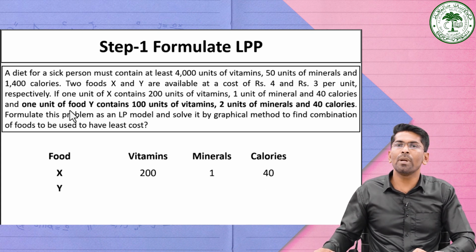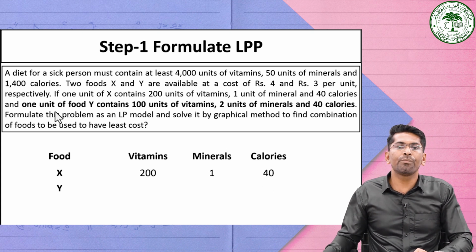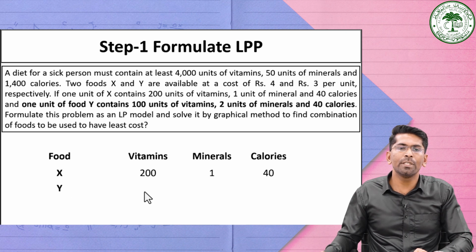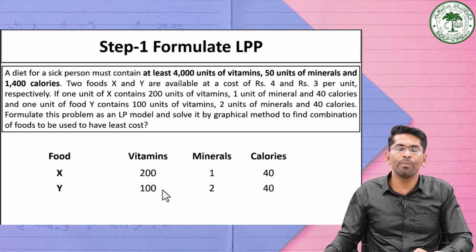Similarly, from the given problem, 1 unit of food Y contains 100 units of vitamin, 2 units of minerals and 40 calories. So I am going to write here food Y, which contains 100 units of vitamin, 2 units of minerals and 40 calories.